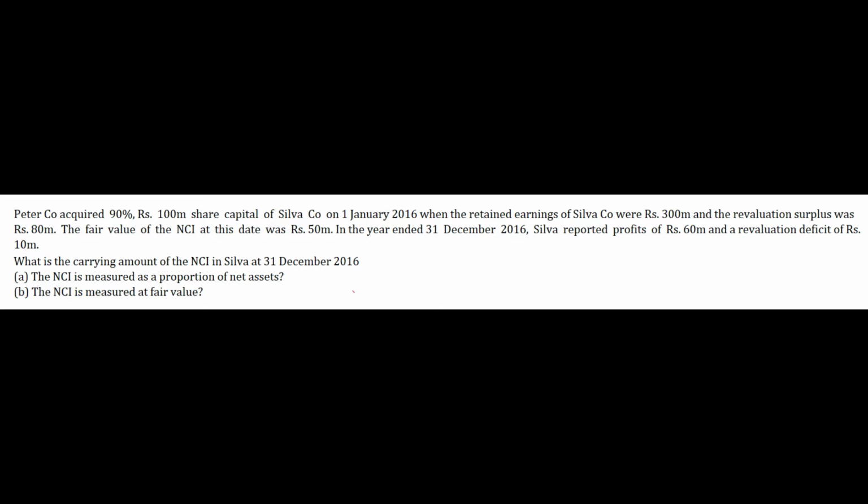Okay, so you are given the fair value of the NCI as 50 million. In the year ended 31st December 2016, Silva reported profits of 60 million and a revaluation deficit of 10 million. Please remember, these are subsequent to the acquisition, so these are post-acquisition profit.